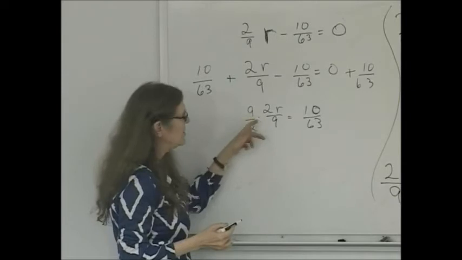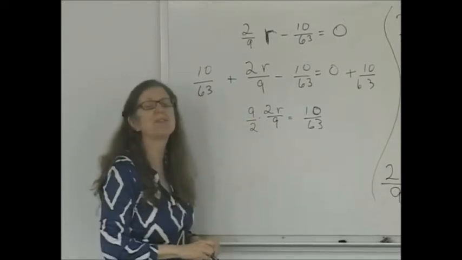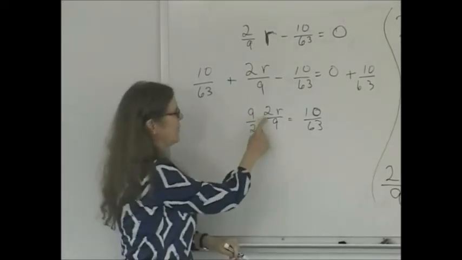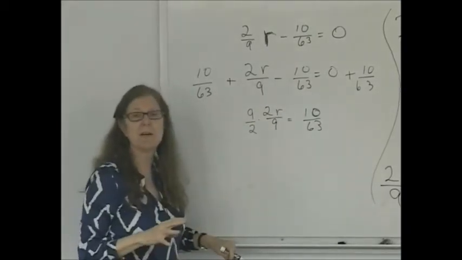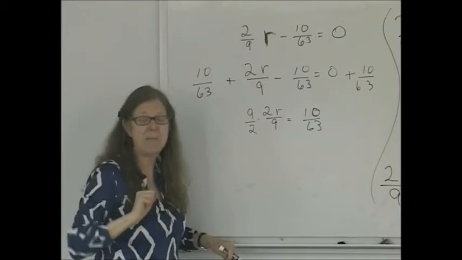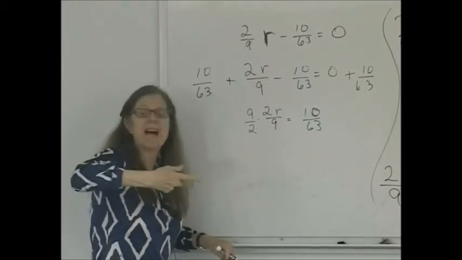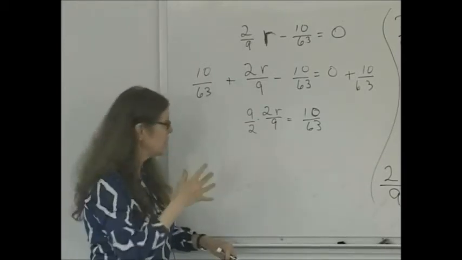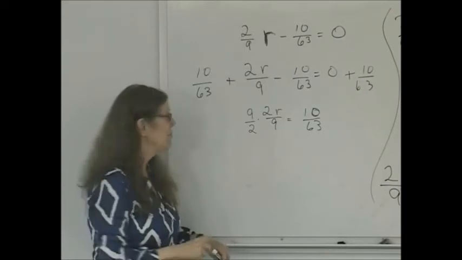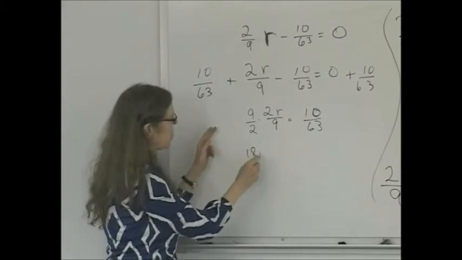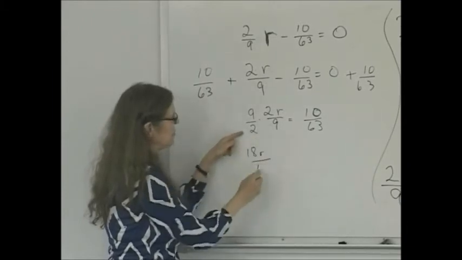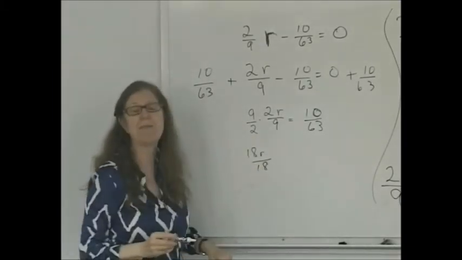Notice that what I always do is I multiply by the reciprocal of the fraction, if it's a fraction, in front of the letter. Reciprocal, in common sense words, is like the upside down, just switching the numerator and the denominator. Because when you do that, this is 9 times 2 is 18 r's over 9 times 2 is 18, because that's how we multiply fractions.